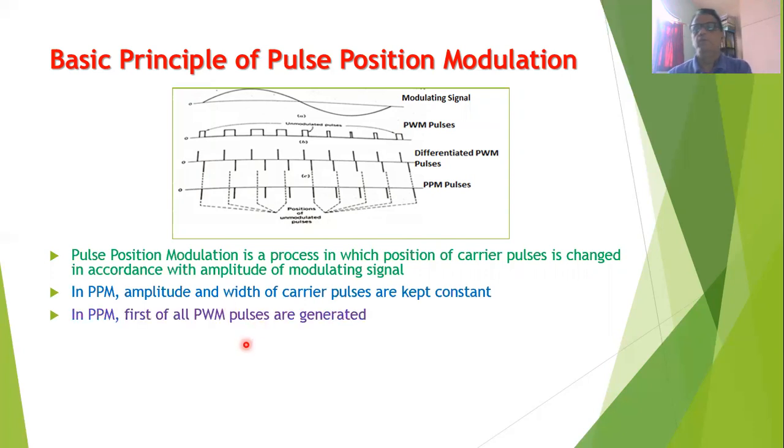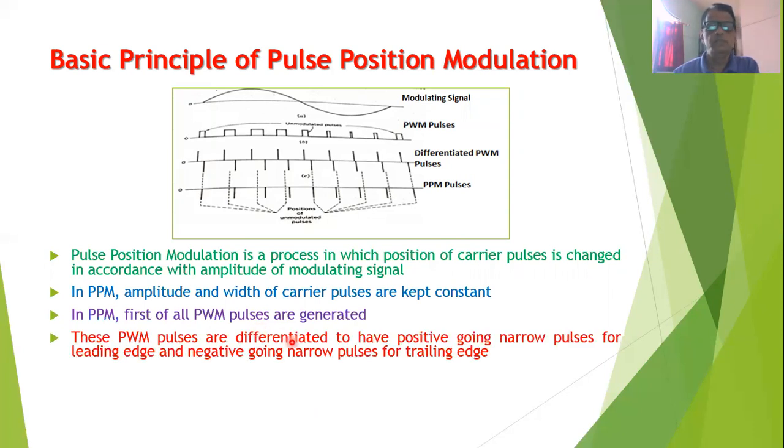So whenever you are asked to generate the PPM pulses, it is necessary that first of all you generate the PWM pulses by making use of a comparator circuit or by making use of IC 555. These PWM pulses are differentiated by using a differentiator circuit.